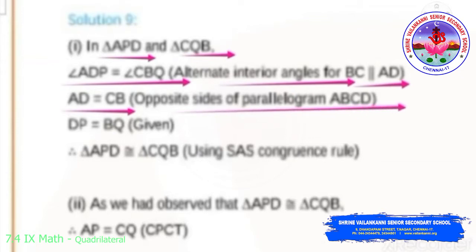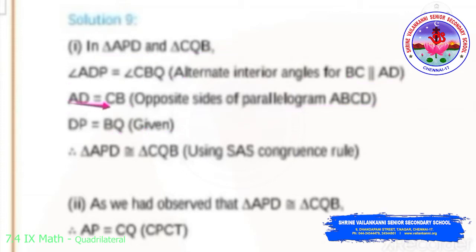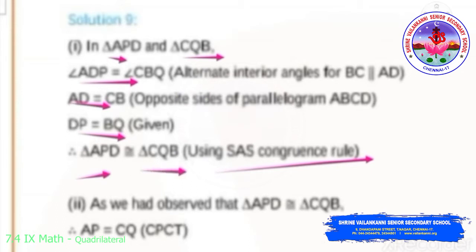And the third one, DP is equal to BQ, which is given in the statement. These two sides and the included angle of triangle APD and triangle CQB are equal to each other, so I can use the SAS congruence criteria. Triangle APD is congruent to triangle CQB.